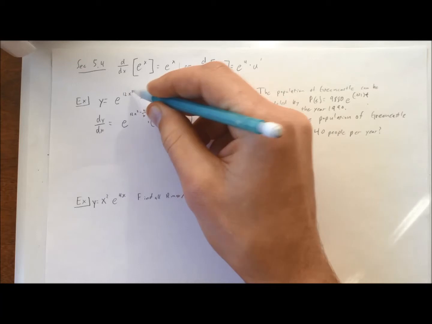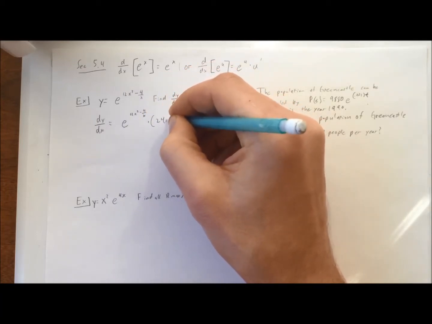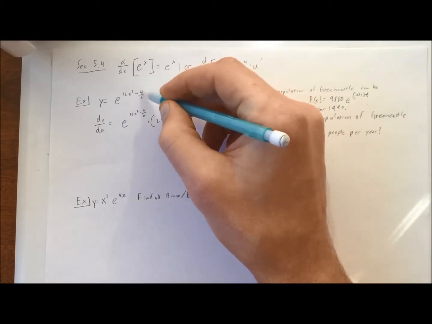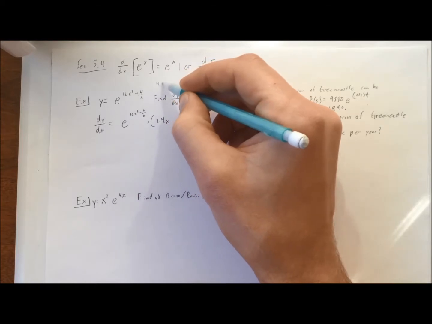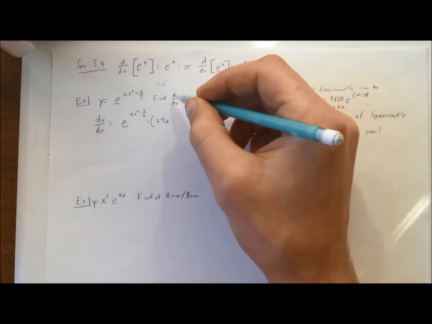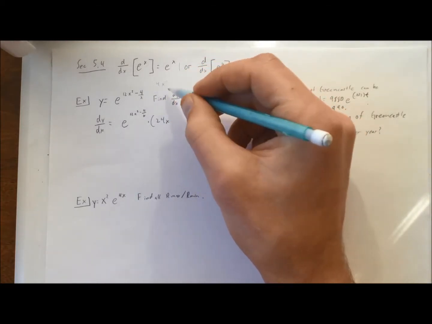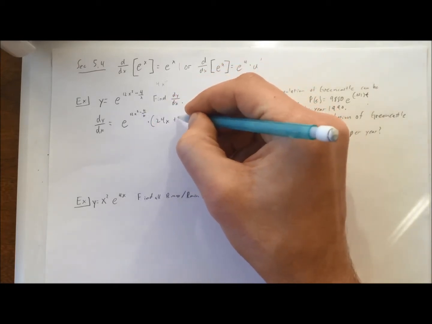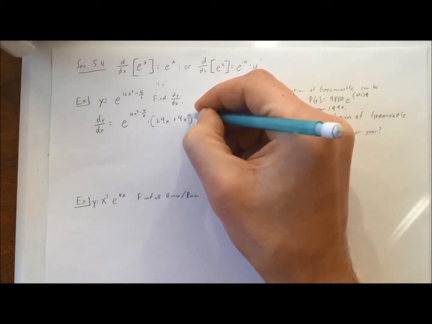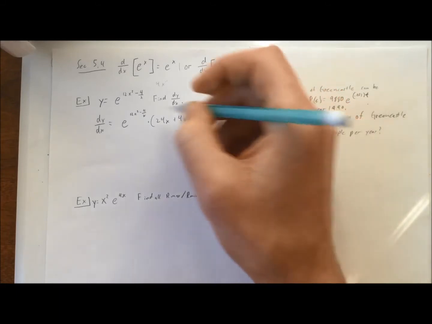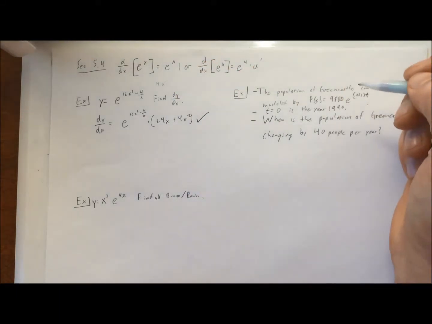So the derivative of 12x squared is 24x. This we can rewrite as 4x to the negative 1. So if I derive that, bring down the negative, that's going to make that positive 4x to the negative 2. There we go. That's it.